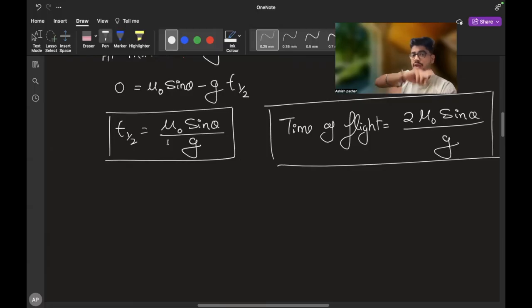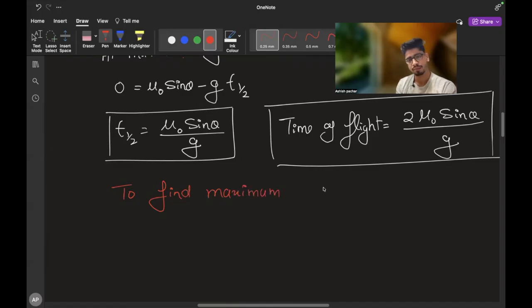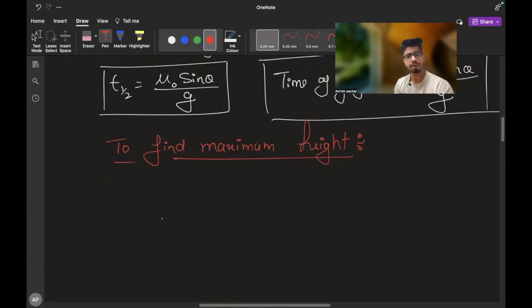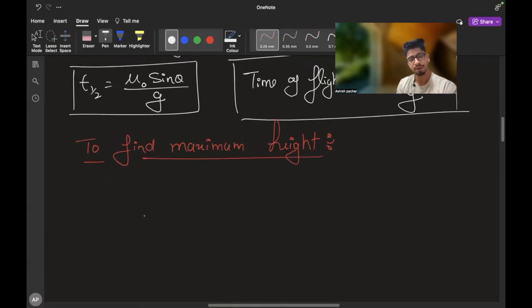To find the maximum height, I'm going to call it H max, basically the y component, you have to find out the y component.